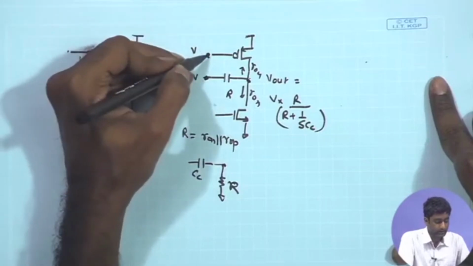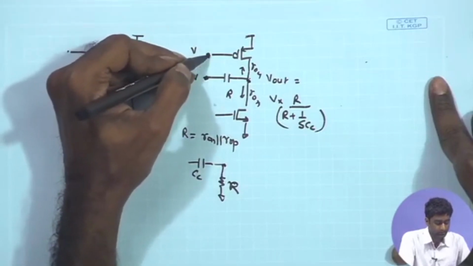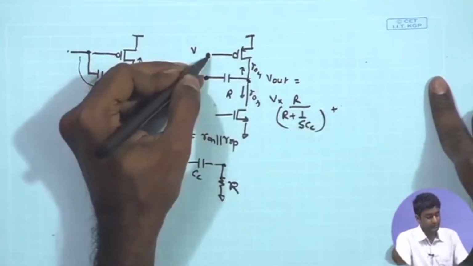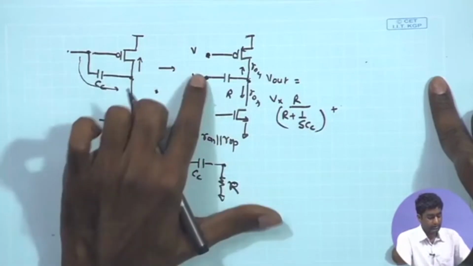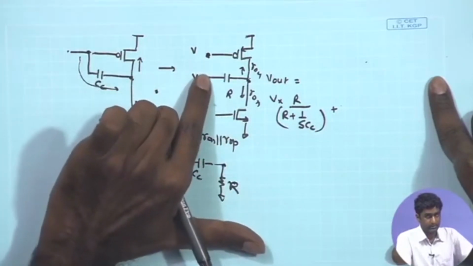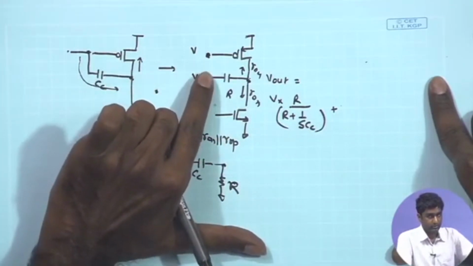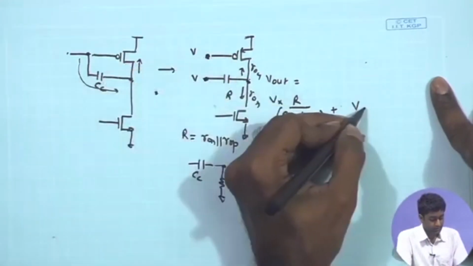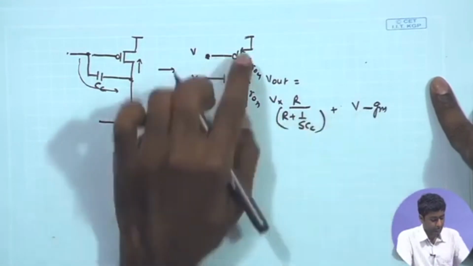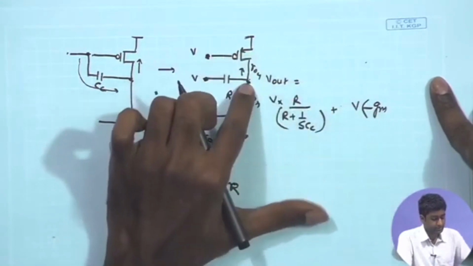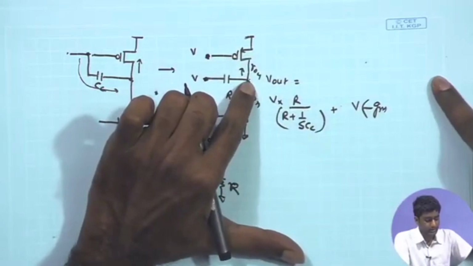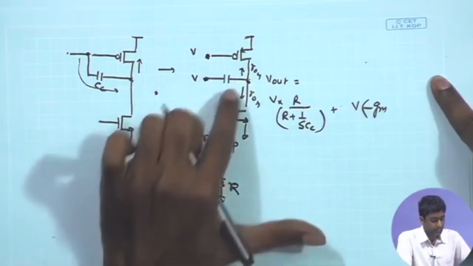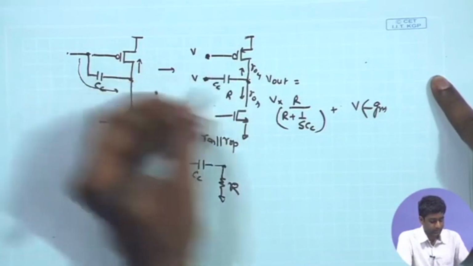Likewise, we can take the signal at the gate of this PMOS and then find out the expression of the output voltage with respect to this signal. And while doing that, similarly we will assume that the other signal over here is set to 0. So, in that case, I have V which is applied at the gate of this PMOS. We are going to get minus GM times the overall small signal resistance over here, and that is going to be equal to R parallel 1 upon SCC.